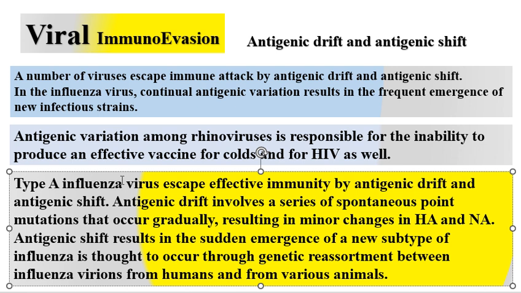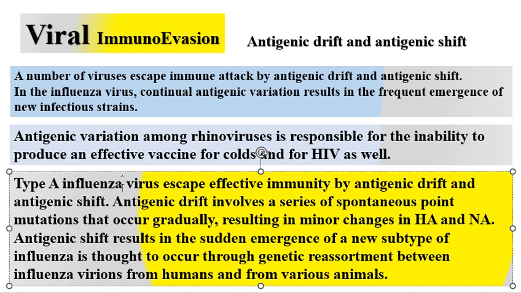Antigenic drift is actually a matter of deletion, as I mentioned, or insertion or change in the blocks of the gene within the locus. So this has led to the emergence of new subtypes of, for example, influenza virus, and this may occur through genetic reassortment.